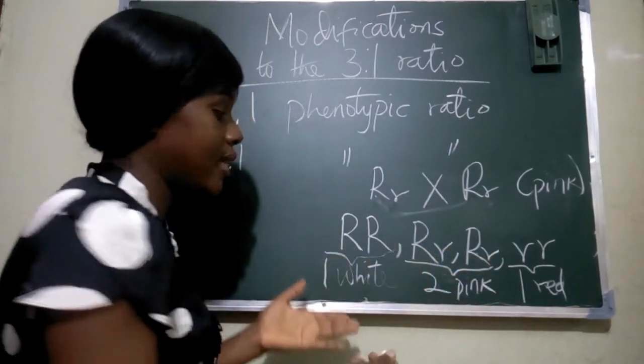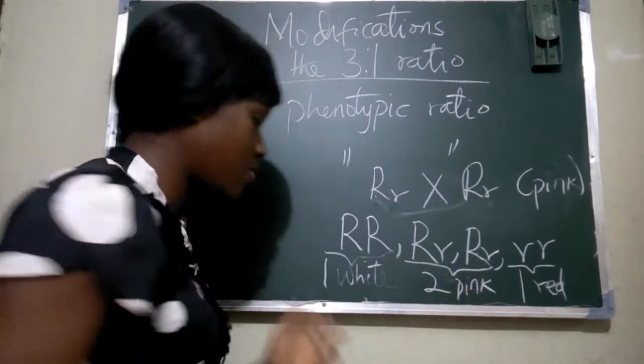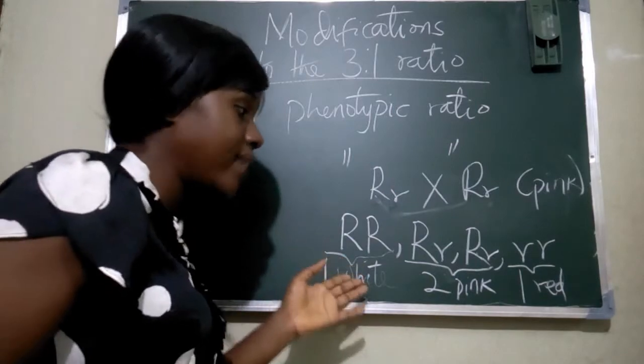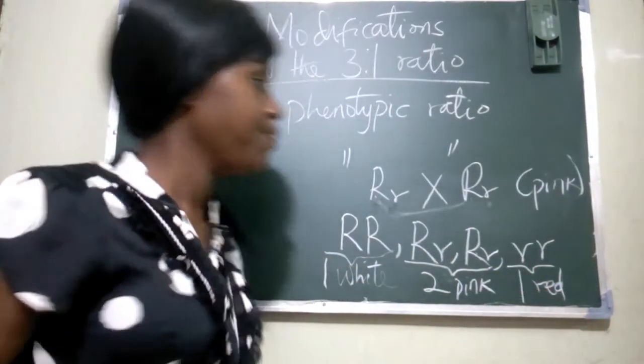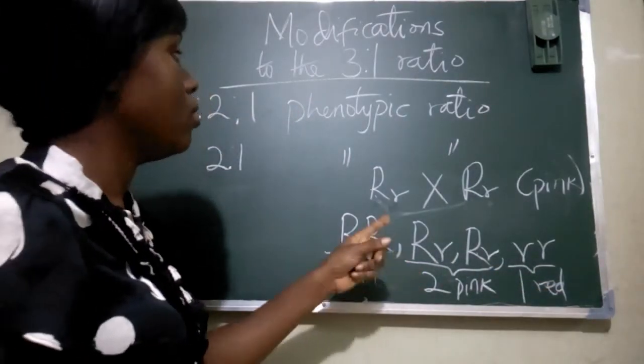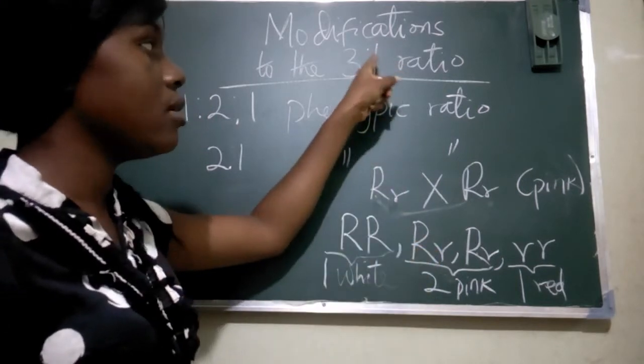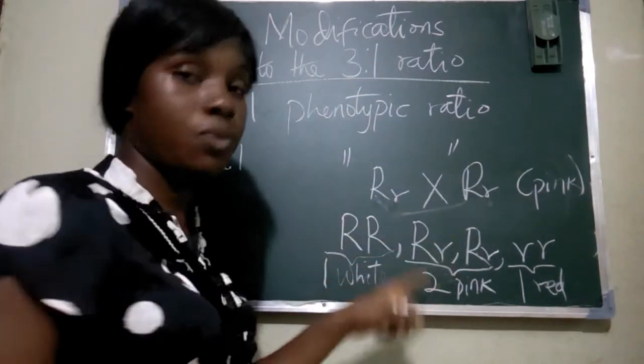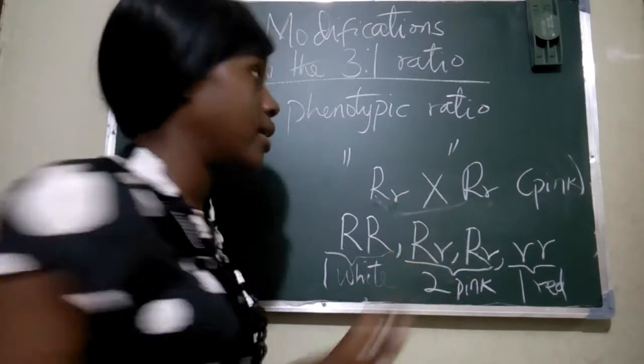But in this case, they have pink flowers, which is a blend of the white and the red flowers. So this is one of the modifications to this ratio, which is caused by incomplete dominance.